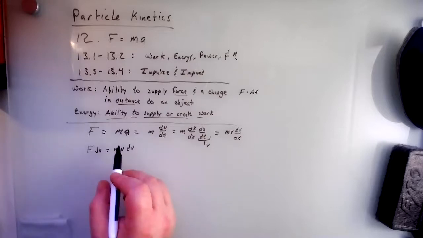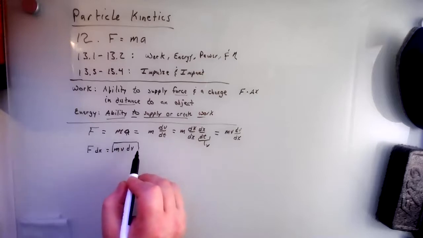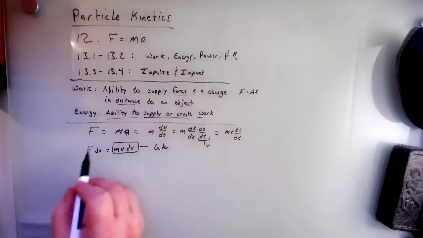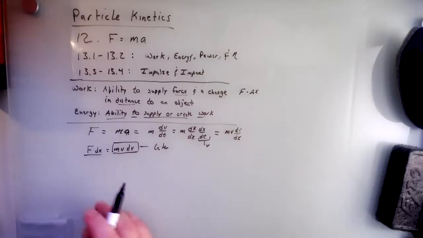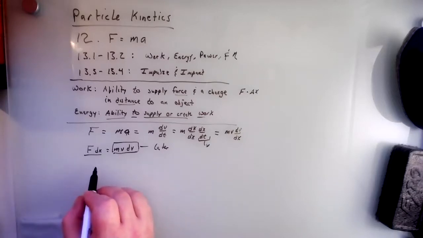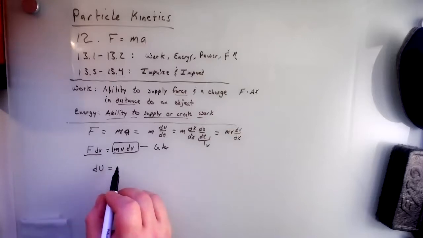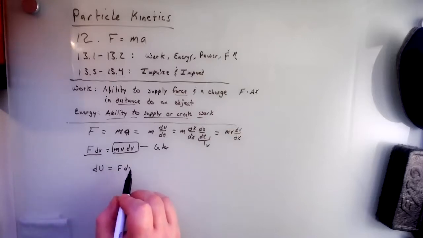For the time being, let's just talk about this later, right? So this is really what I wanted to focus on. What we call this, I think it comes from thermodynamics. I tried to look it up, but I couldn't find an answer for it. dU, so work, U is the symbol we use for work, is equal to F dx.